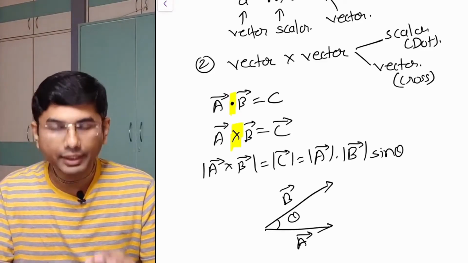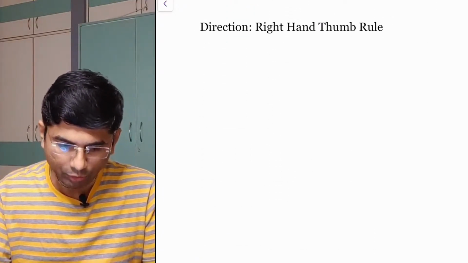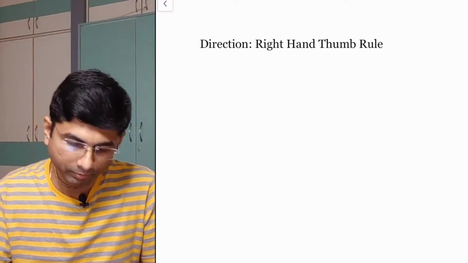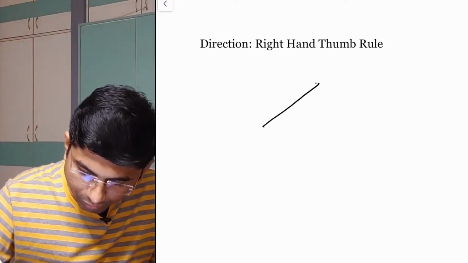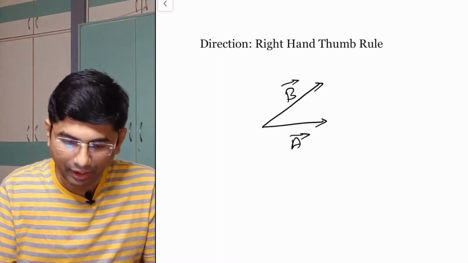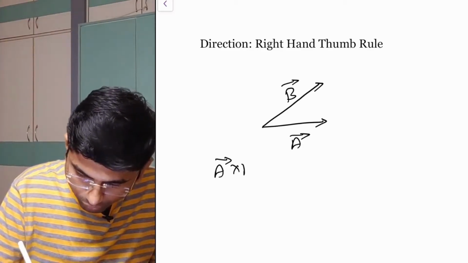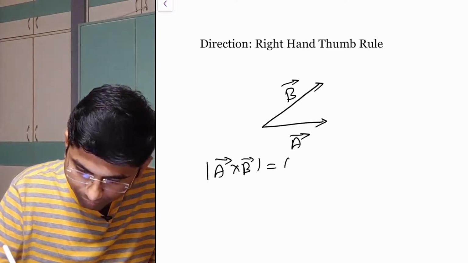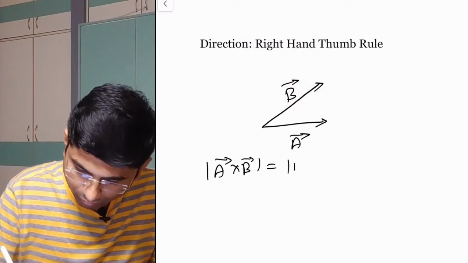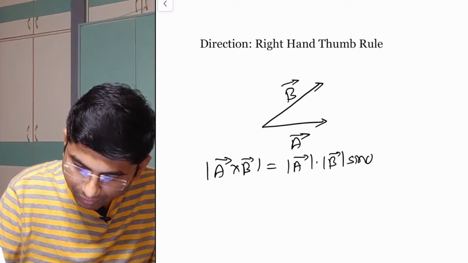Because it's a vector quantity, it will have a direction, and that direction is given to us by the right hand thumb rule. Now what is that rule? Again we have a vector and b vector, and the magnitude of a vector cross b vector is the magnitude of a, magnitude of b, into sine theta, where theta is the angle between them.